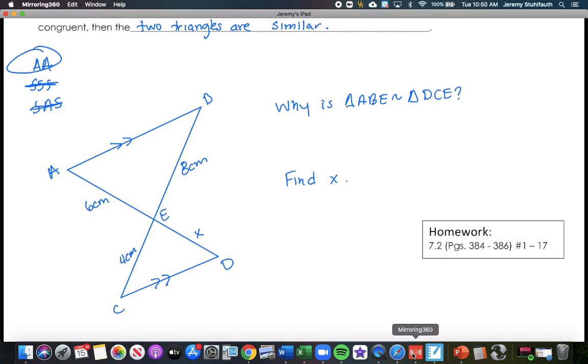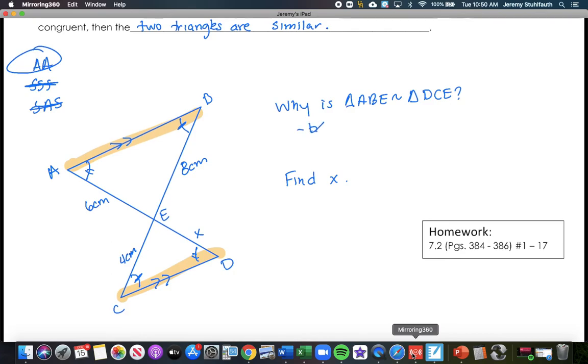We know that side AB is parallel to CD. And because they're parallel, we know angle B is congruent to angle C by the alternate interior angle theorem. And we also know that angle A is congruent to angle D by the same thing, the alternate interior angle theorem. So why is triangle ABE similar to triangle DCE?